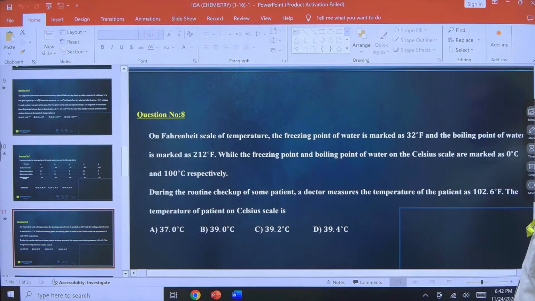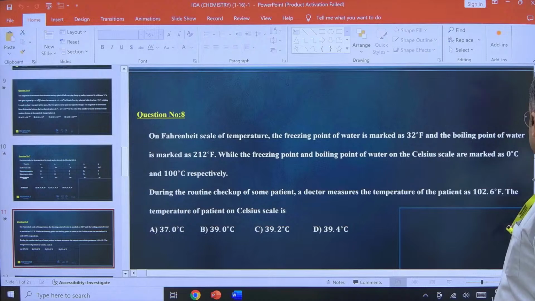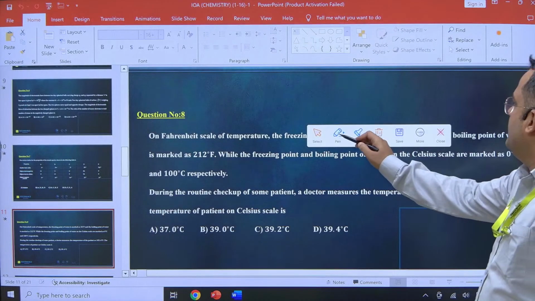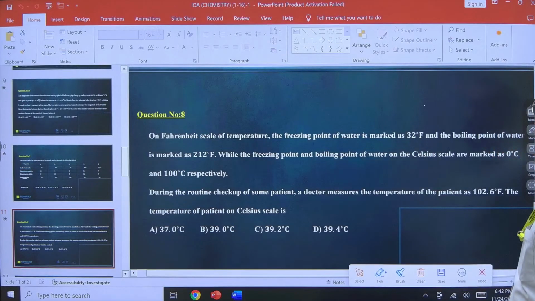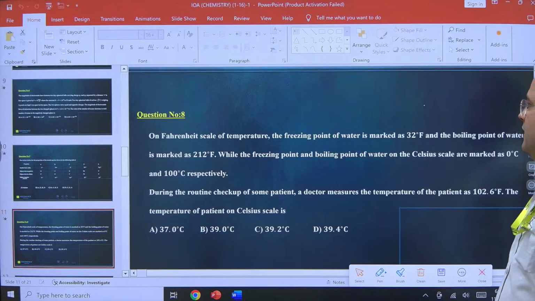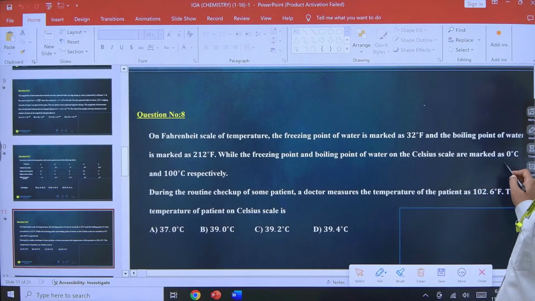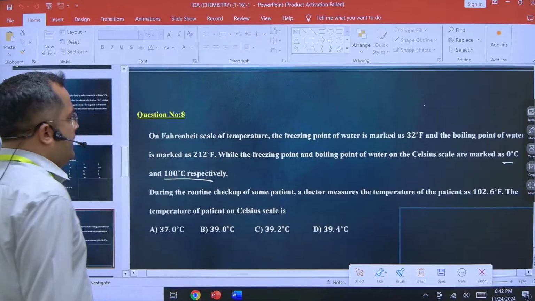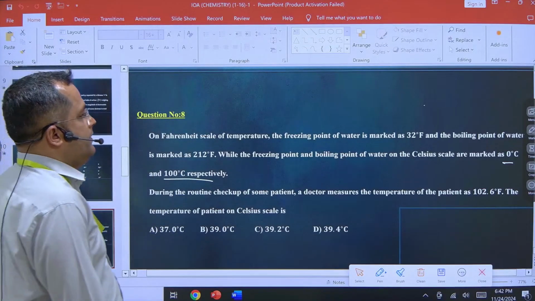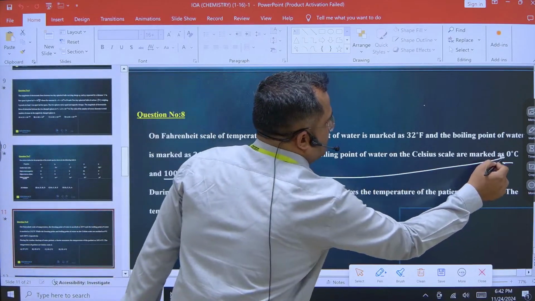On Fahrenheit scale of temperature, the freezing point of water is marked as 32 Fahrenheit, and the boiling point of water is marked as 212 Fahrenheit, while in the Celsius scale, we all know, freezing point is 0 degree Celsius and boiling point is 100 degree Celsius.